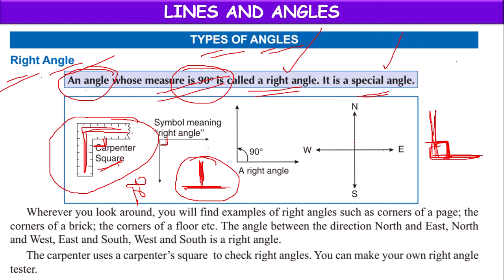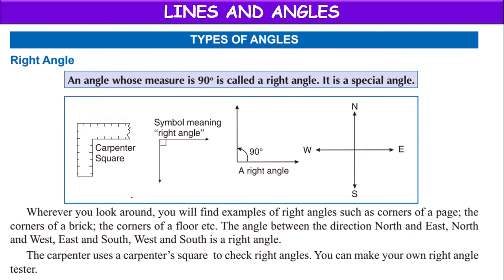The angle between north and east is 90 degrees, east and south 90 degrees, west and south 90 degrees, north and west 90 degrees. All will be at right angles to each other.